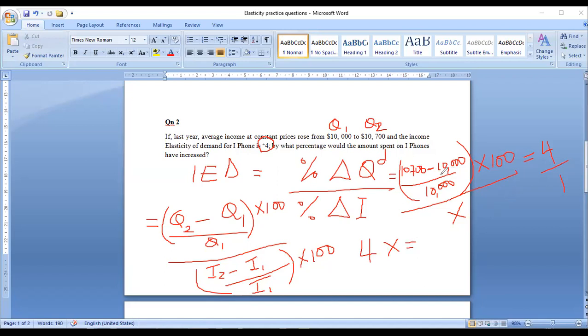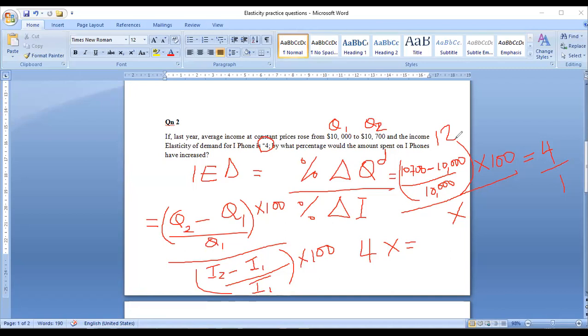What value do you get here for x? It is 7. How is the 7 coming?